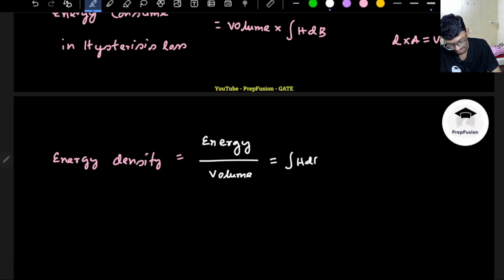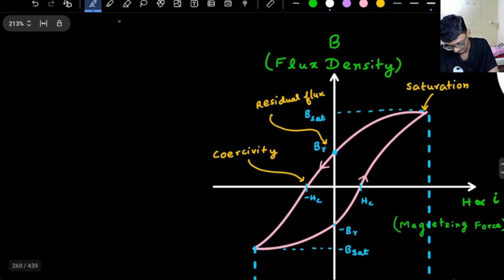If they are asking energy density, that means it is independent of the volume, and you just have to find out the area of the BH loop, that's it. So what is the area? Area is this small rectangular strip, this area, right?